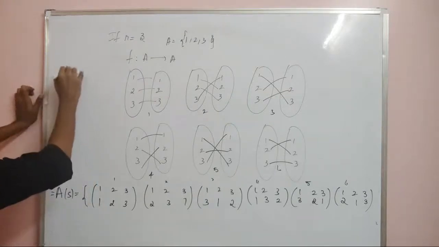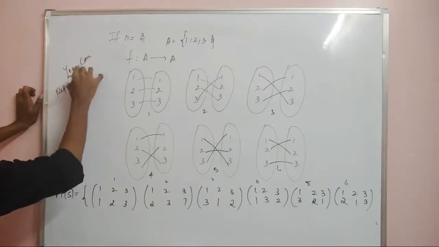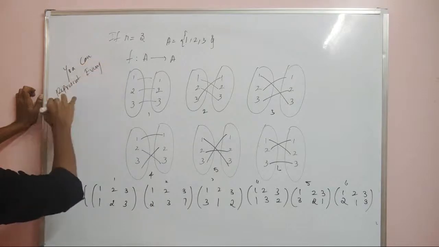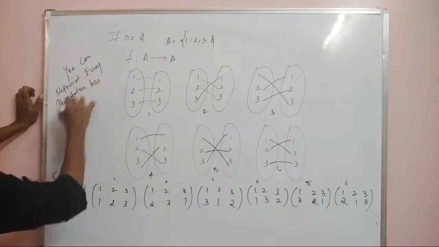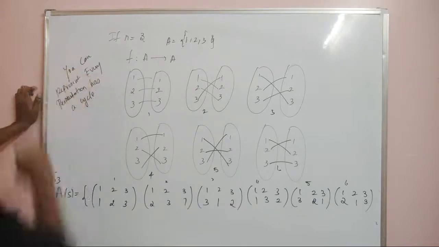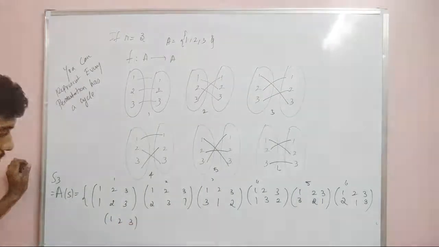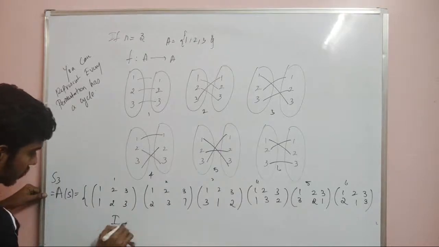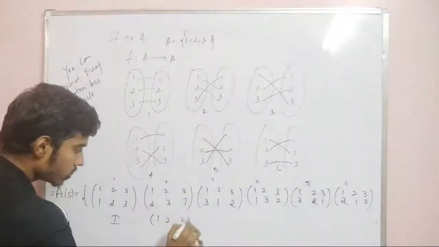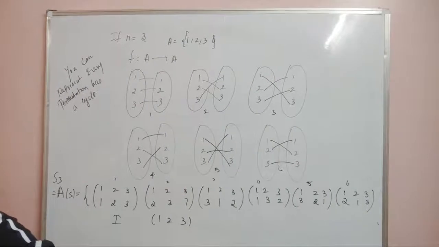So you can represent every permutation as a cycle, right? You can see I can write this as 1, 2, 3, because this is I, right?